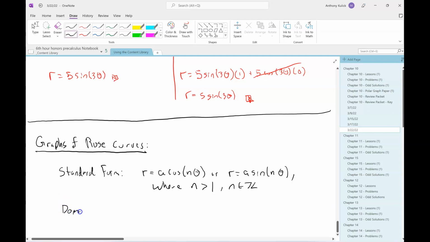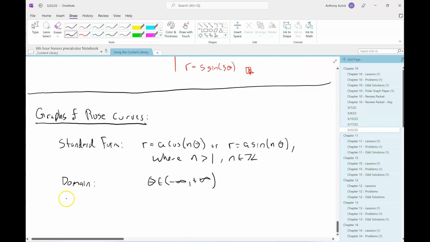The domain for this, like any function that involves only sine or cosine, is going to be all real numbers. The range for this is just going to be negative absolute value of a, comma, positive absolute value of a.